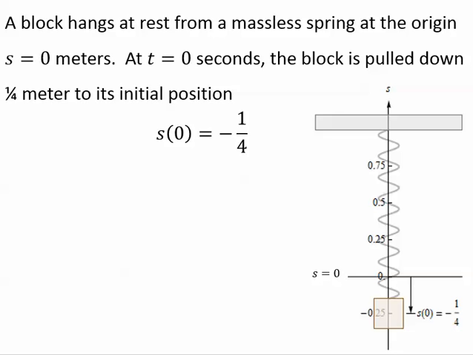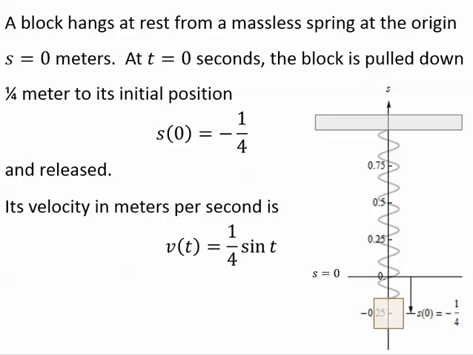So at time equals 0, it's below the origin. At time equals 0, the position is -1/4. The block is then released. The velocity function is given by 1/4 sine of t.